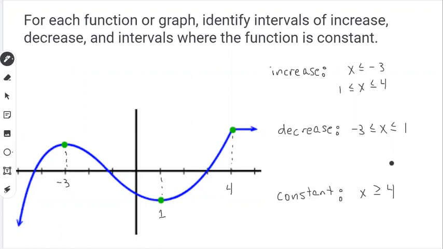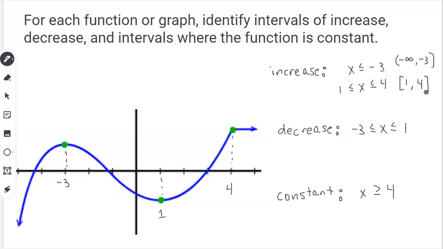Okay, so those are the intervals on the x-axis where the function is increasing, decreasing, and staying constant. We can write these in a different way. We can write x is less than or equal to -3 as between negative infinity and -3. So we can write it this way. We can also write the increasing interval 1 to 4 as the square brackets 1 comma 4.